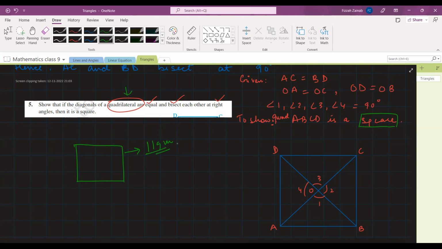Yes, ma'am. Parallelogram means opposite sides are parallel, or we can say equal, right? Opposite sides are equal. That is the first thing we will show.